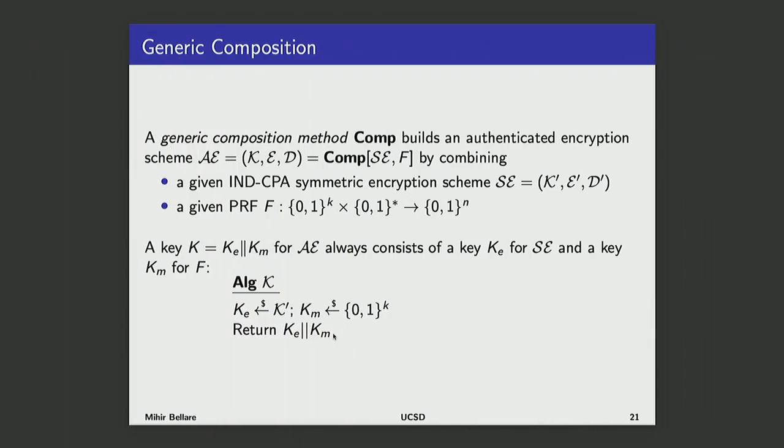Okay, so let's start building up how we do this composition stuff. So we're trying to build an authenticated encryption scheme. And again, there's a bunch of moving parts because we're starting from a symmetric encryption scheme that's given, like counter mode or CBC, and a given pseudorandom function. We'll call it f, and we have many examples.